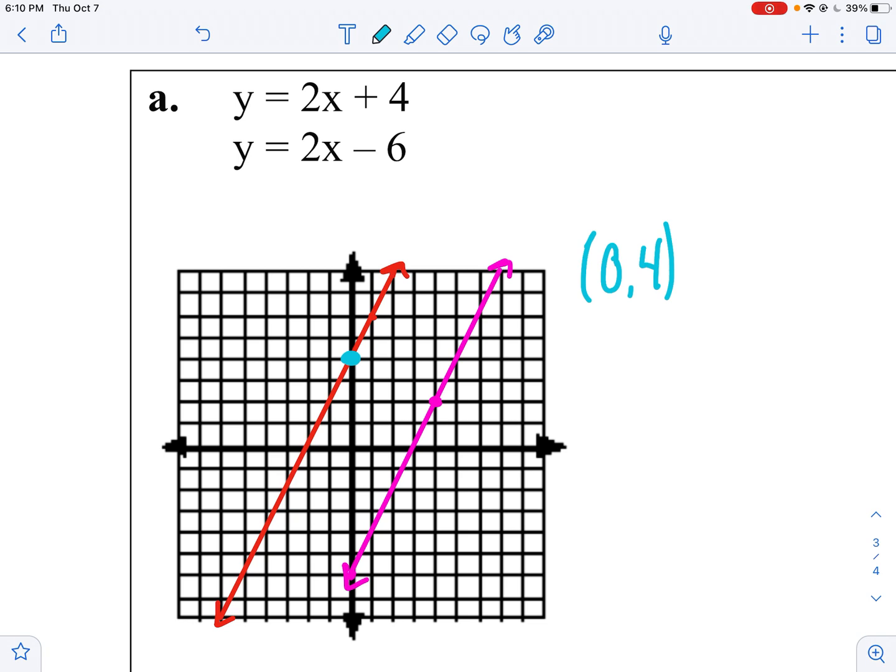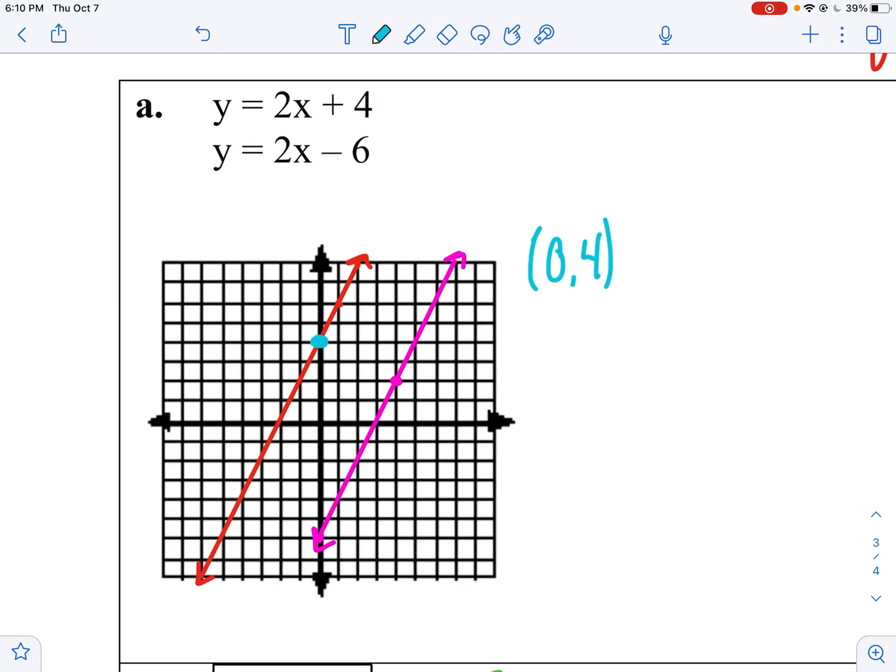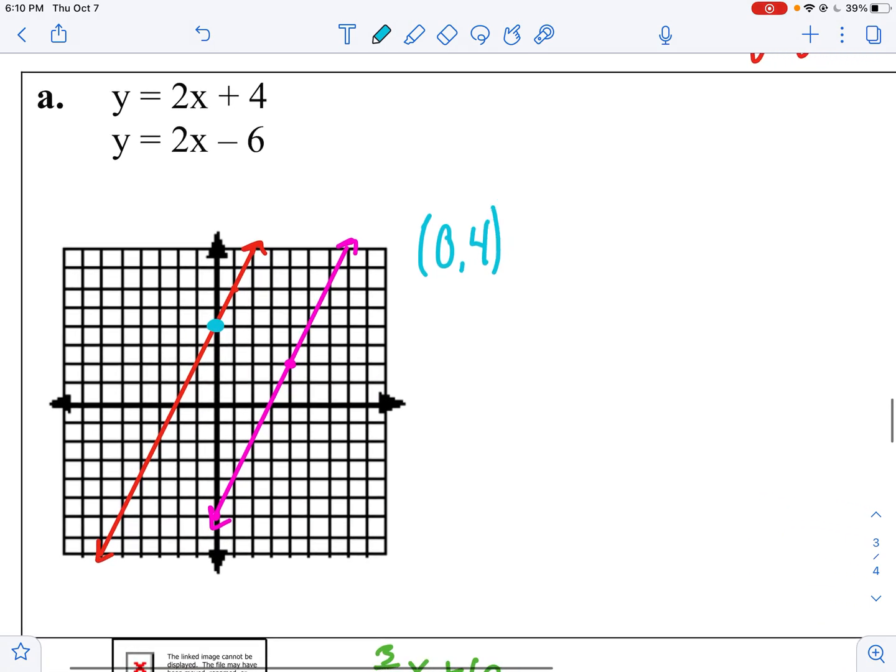Now to get from that line to this line, I need a perpendicular slope to find the distance. So I need to figure out what's perpendicular to my slope of 2 over 1. Well, that would be negative 1 over 2.